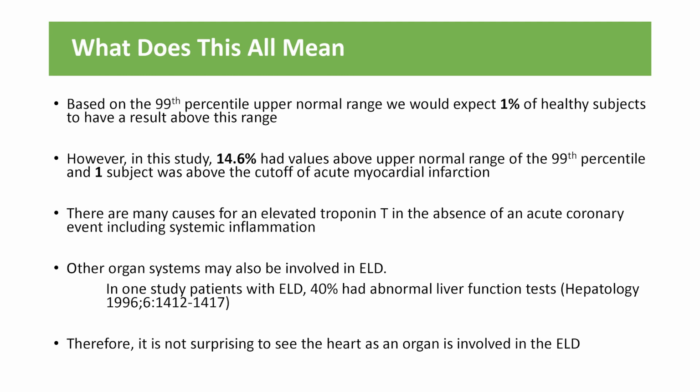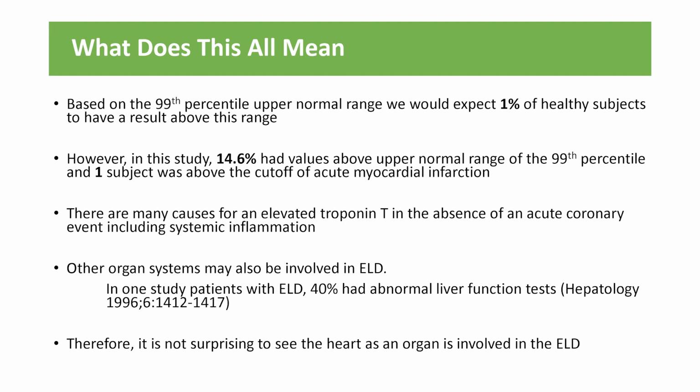Based on the 99th percentile upper normal range, we would expect 1% of healthy subjects to have a result above this range. However, in this study, 14.6% had values above the upper normal range of the 99th percentile, and one subject was above the cutoff of acute myocardial infarction.